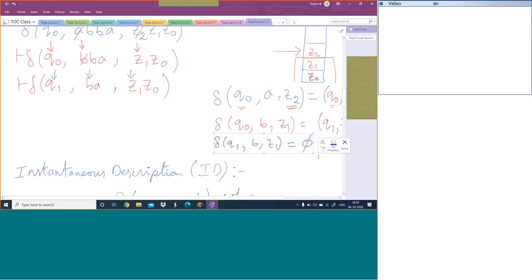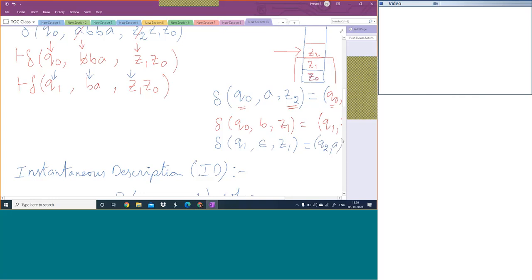But here I am defining a move differently. Look at this: Q1 comma epsilon comma Z1, going to Q2 comma A something.